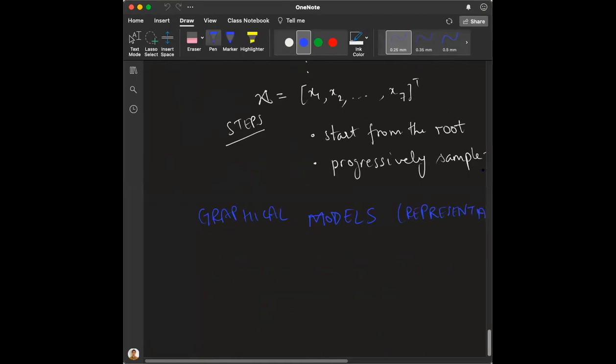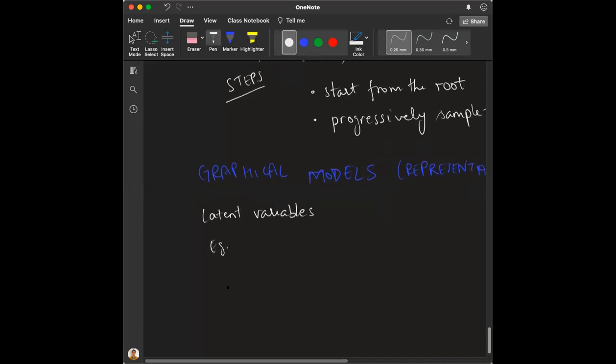All these x were my visible variables, right? And I can have latent variables as well. So whenever we have latent variables, for example, I have got probability of x vector.